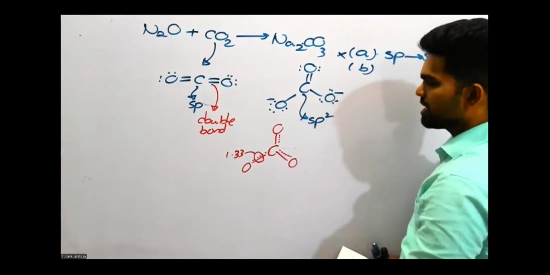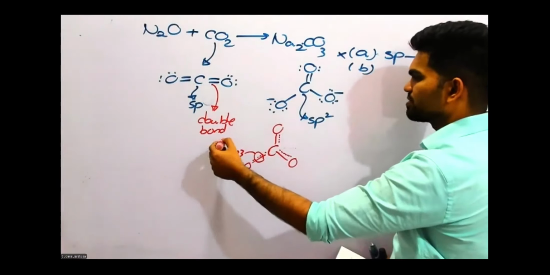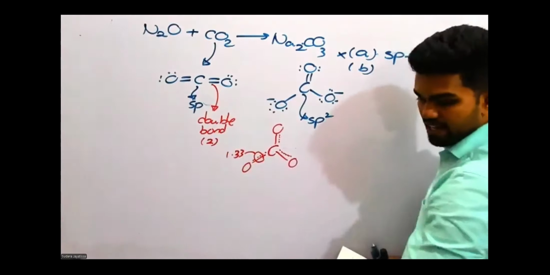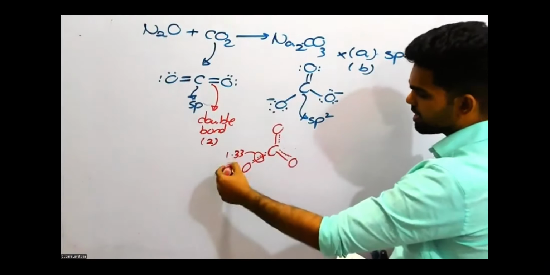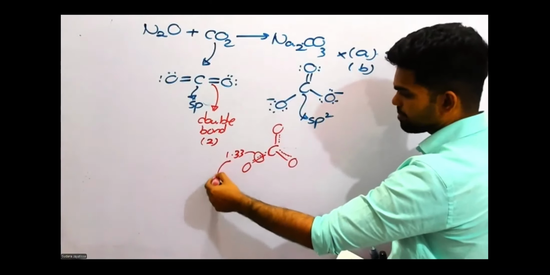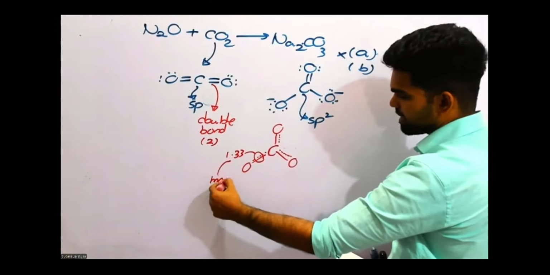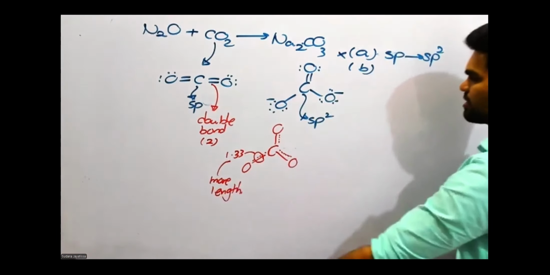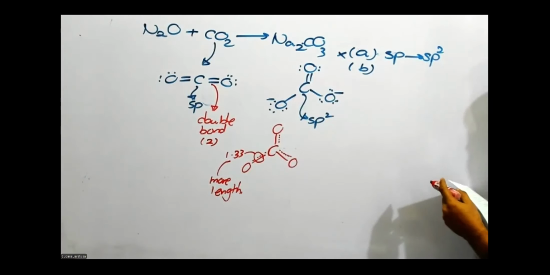Remember? So now here you have a double bond, that means 2. Now this is lesser than 2. So if bond order is lower, bond length is going to be higher, longer. So telling that bond length increases is correct.